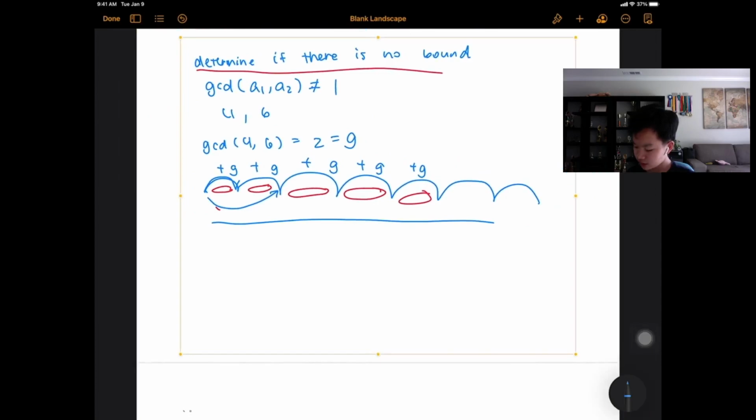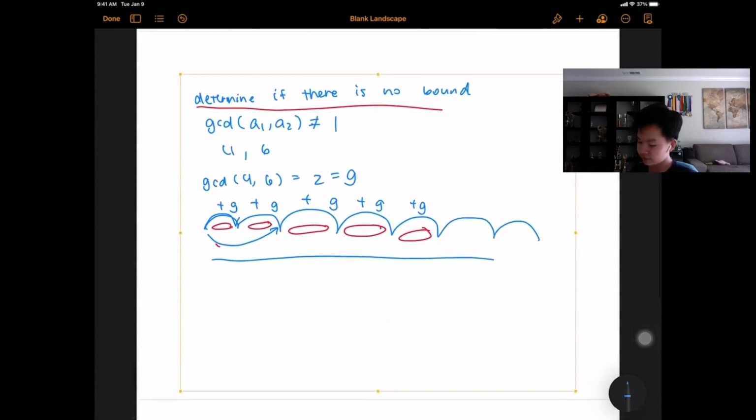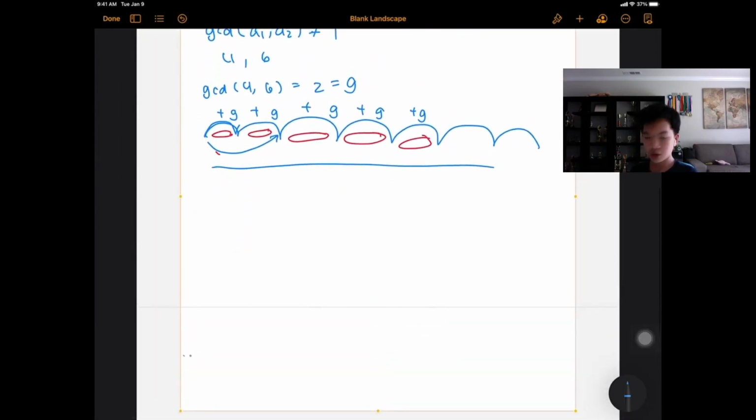Now let me introduce another idea. Given these numbers, for example a1 and a2, we can use these numbers to create a knapsack.